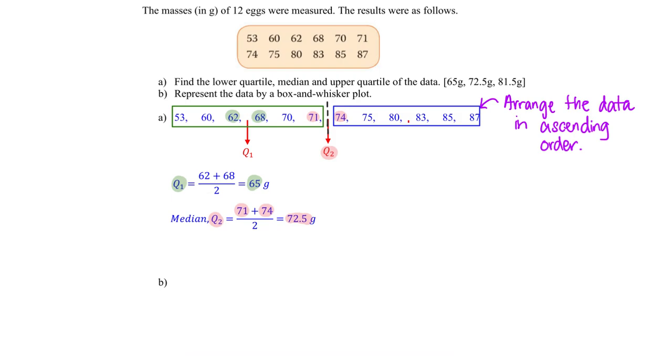To get my upper quartile, I need to decide where is the middle point. Yes, it is in between 80 and 83, and therefore that will be my upper quartile. So I will have 80 plus 83 divided by 2 in order for me to get my Q3.